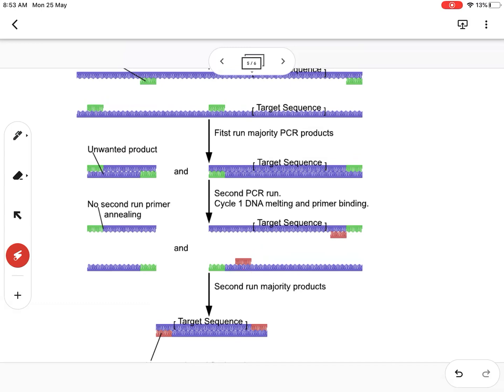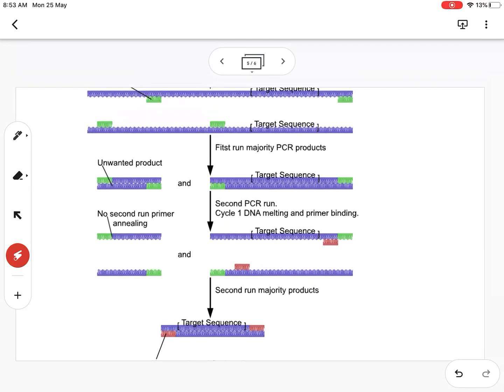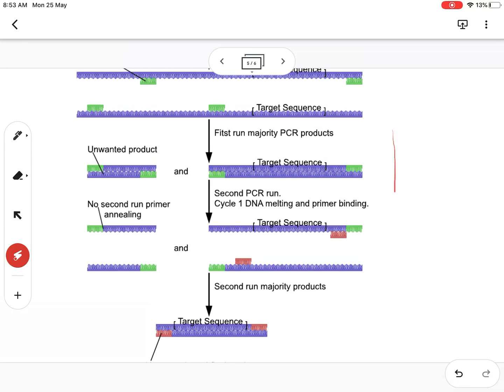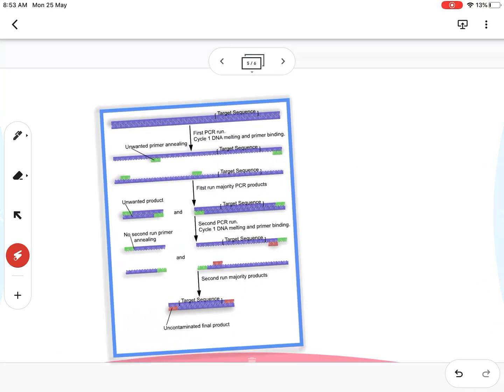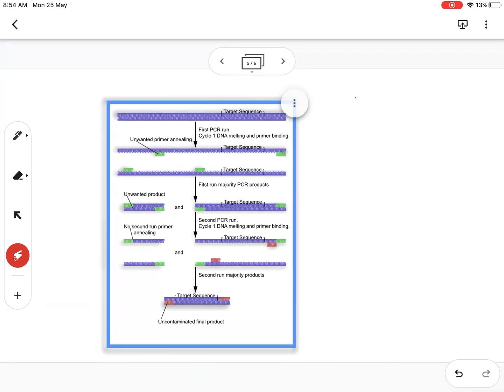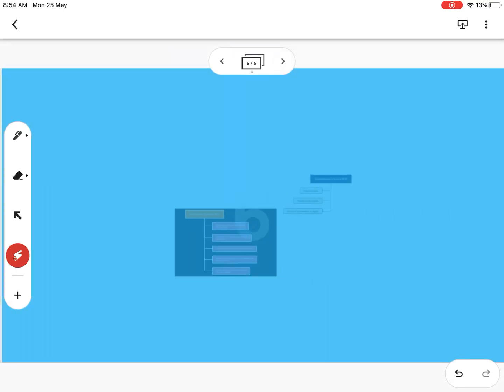These inner primers bind specifically to the target DNA, and they are non-specific to these unwanted products. So there is no amplification of this unwanted product of the first cycle. There is amplification only of the target sequence in the second cycle. So in the second cycle we get the amplified target sequence. So this is how nested PCR achieves high specificity.